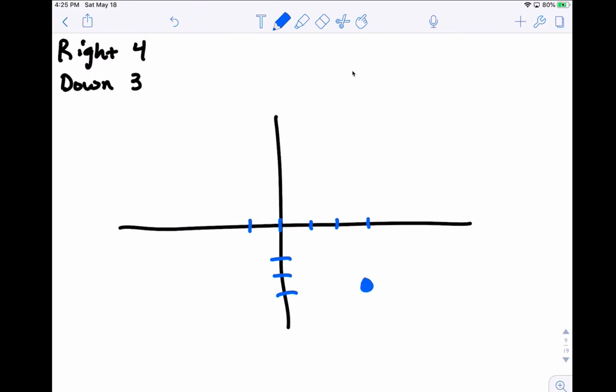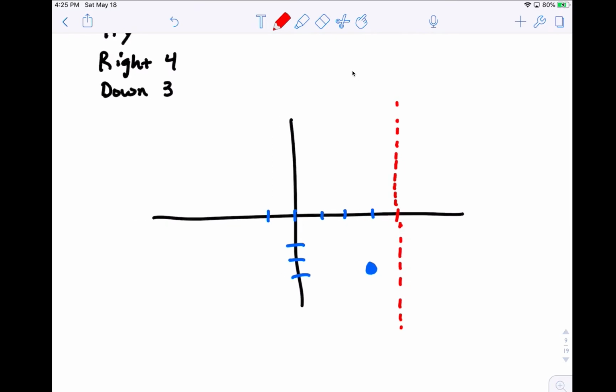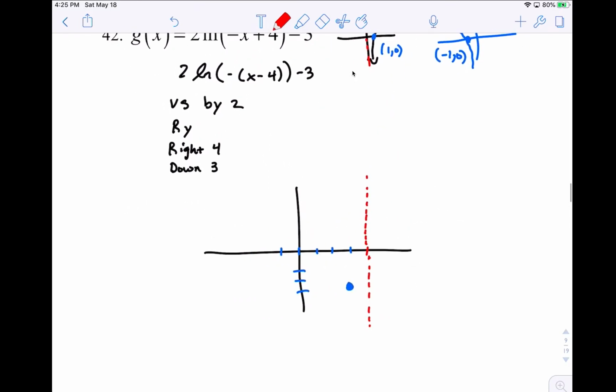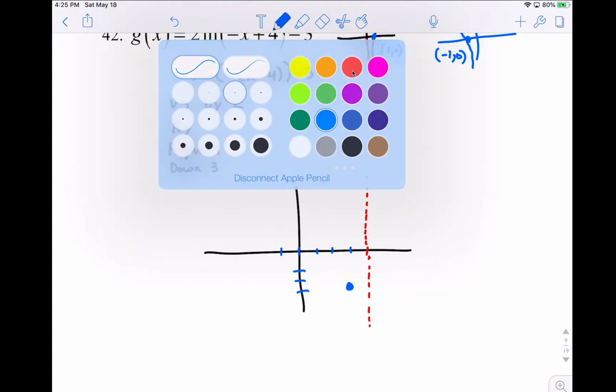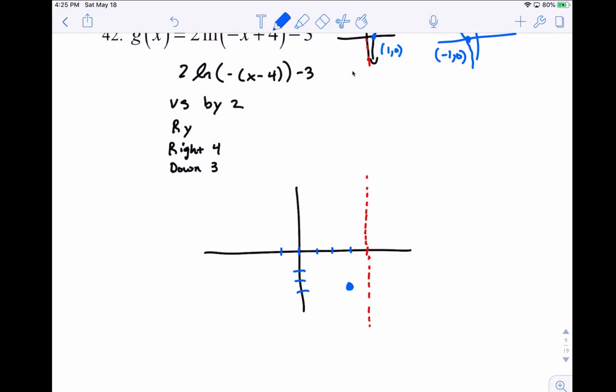Now if I move everything right 4, my original asymptote at x equals 0 is now at x equals 4. All right, and then I'm just going to draw the graph. Like so. Actually, that's not good.